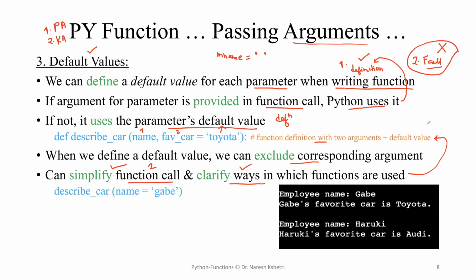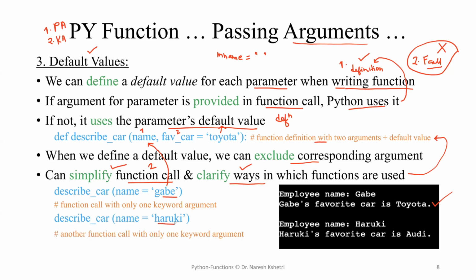Something like this. To call the function, we can call with only one keyword argument, which means only name. If we use only name as Gabe, then by default the favorite car is given. Then you will have Gabe's favorite car is Toyota. And sometimes something like this. If we give the name Haruki for another function call, it would use Toyota.